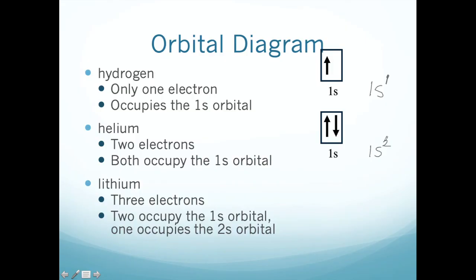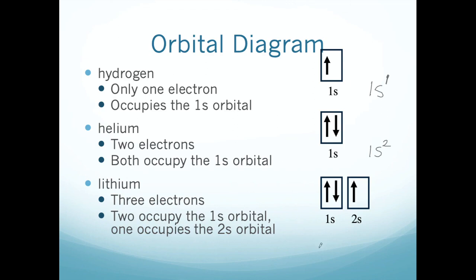Then we have lithium. Lithium has 3 electrons. What does that look like? Well, the first 2 go into that 1s orbital, just like with helium. But remember, s orbitals can't hold more than 2 electrons. So that 3rd electron has to go to the next energy level, which would be that 2s orbital. And so you put that 1 electron in there. Now, we've accounted for all 3 electrons. How would we write this out as an electronic configuration?